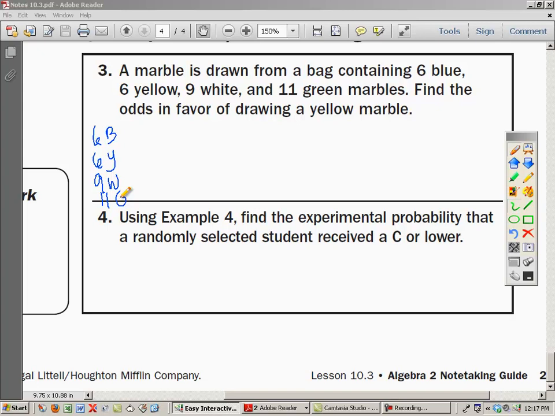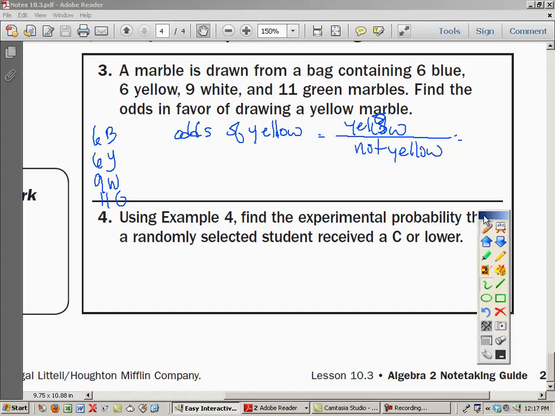So the odds in favor of drawing a yellow marble will be the number of ways we can draw a yellow, divided by the number of ways that is not yellow. How many different ways can I choose a yellow?